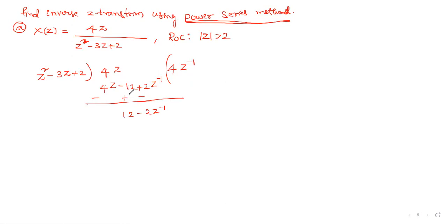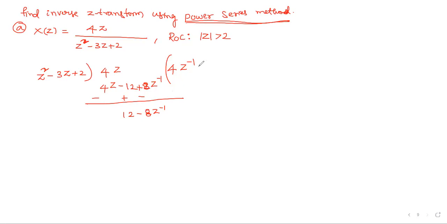Sorry, 2 4s are 8, right? So this is minus 8 into z inverse. Now, z square is there, but here 12 is there.